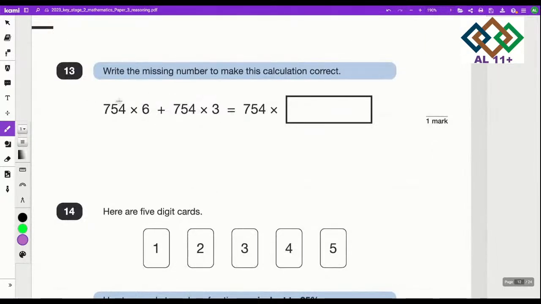That gives you 1524, and you're adding in that 754 multiplied by 3. That is 2262.